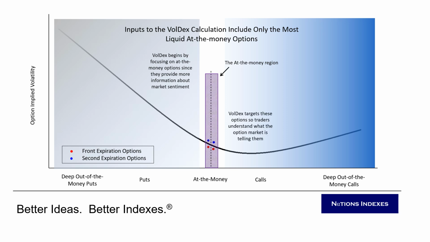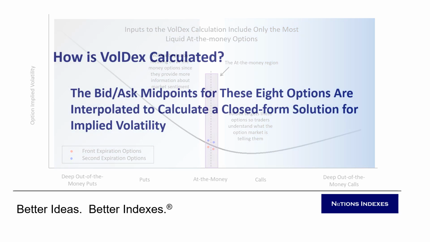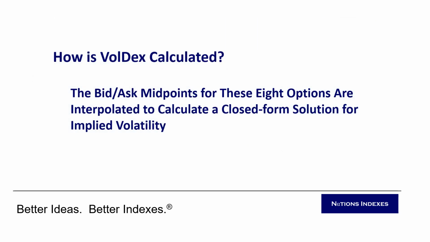You'll also notice VolDex doesn't use deeply out-of-the-money options, which can negatively influence the resulting index value and lead to confusing results. Specifically, VolDex is calculated using a closed-form methodology that focuses on the most important options, at-the-money options.